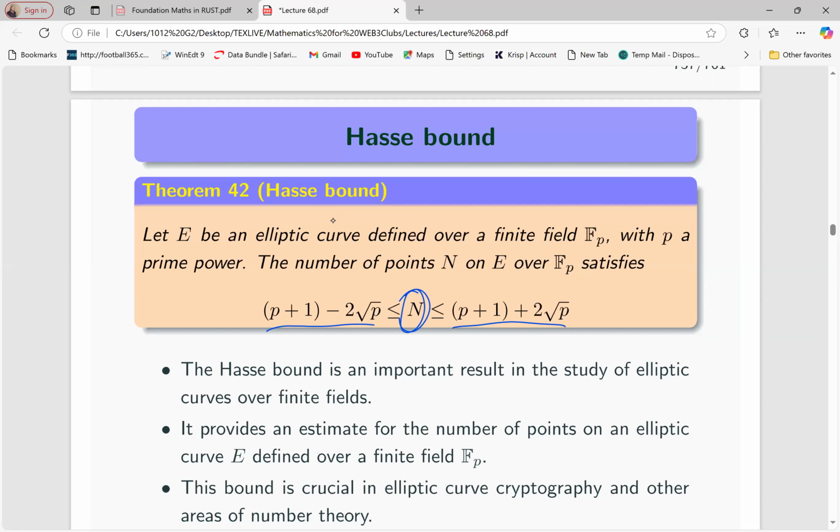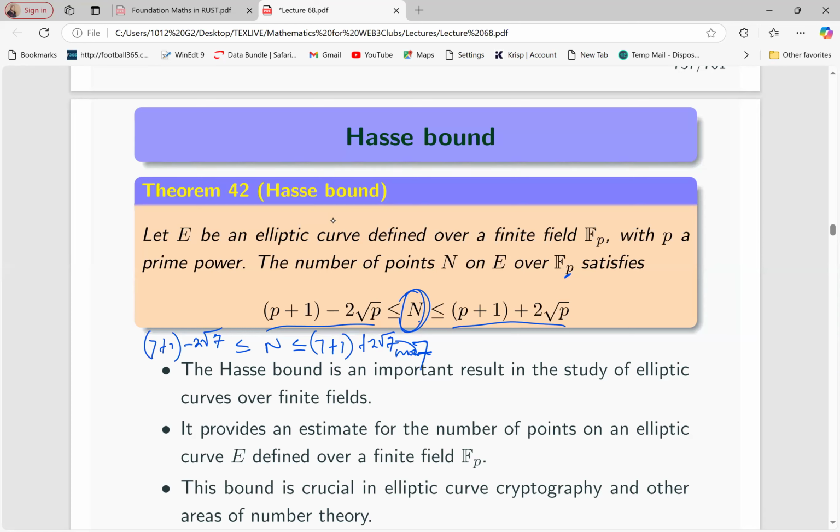In other words, if you're doing it mod p, supposing I'm doing it mod 7, then the number of points on the elliptic curve mod 7 will not be far from this: 7 plus 1, and then plus 2 multiplied by the square root of 7, and also will be greater than or equal to 7 plus 1 minus 2 multiplied by root 7. So they must be in this range.